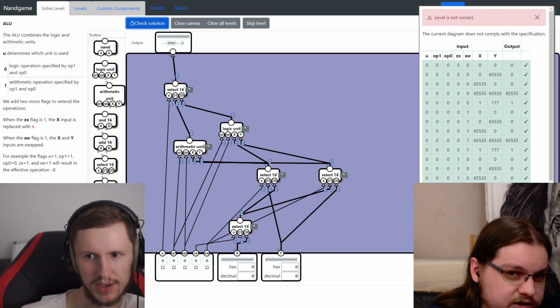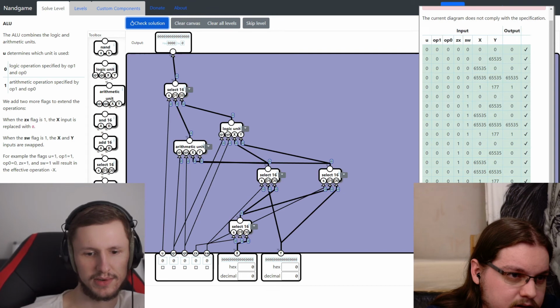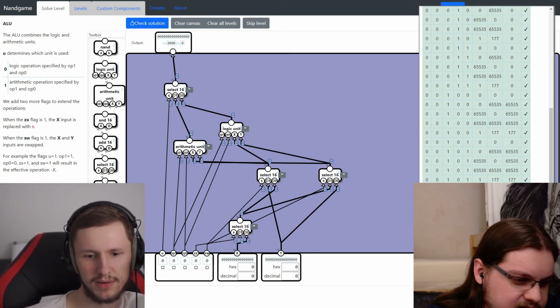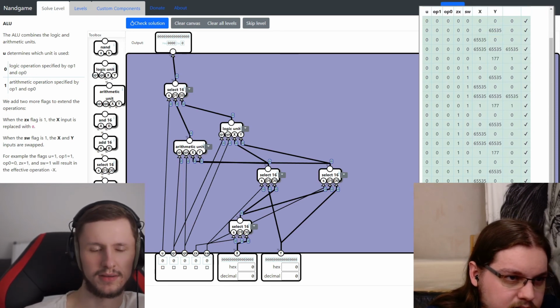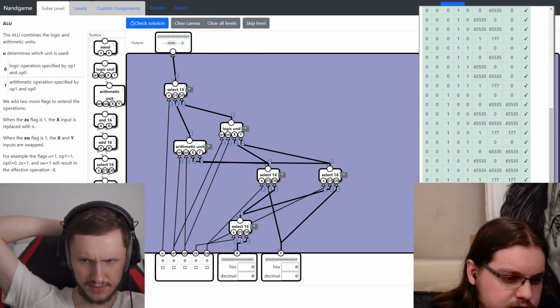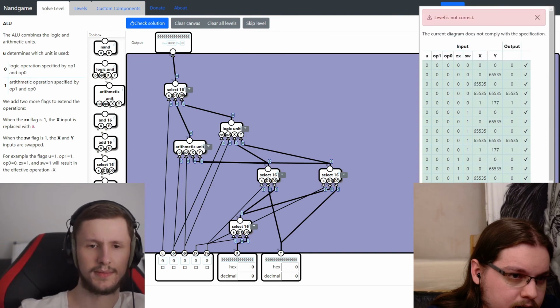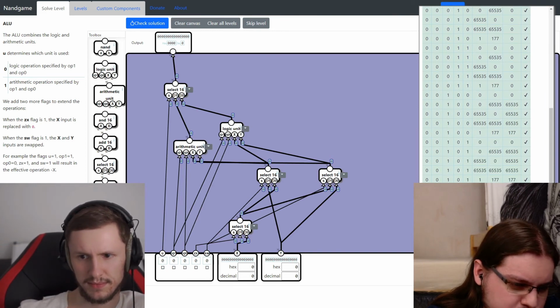X and Y, W is also 0, right? And then the ZX and SW are both 1. Oh, okay. And they use as an example here, X is equal to 0, and Y is equal to max, and the output is max but should be 0.